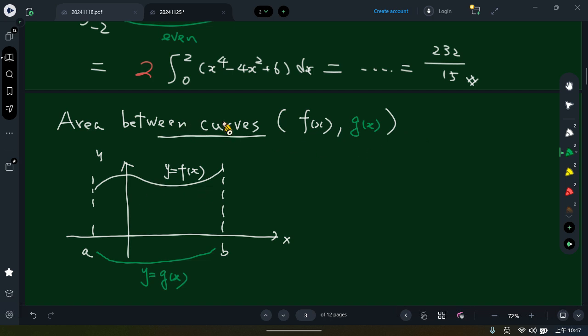So right now we just face two curves. The rule is still the same. We just apply that twice, right?